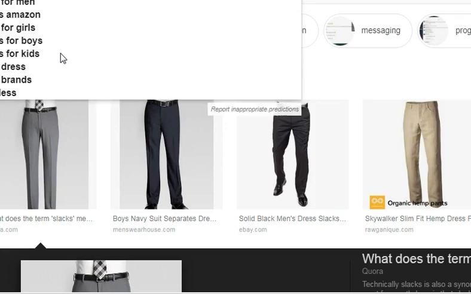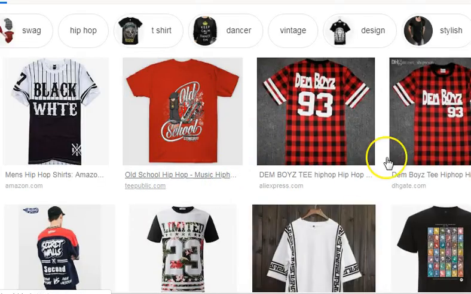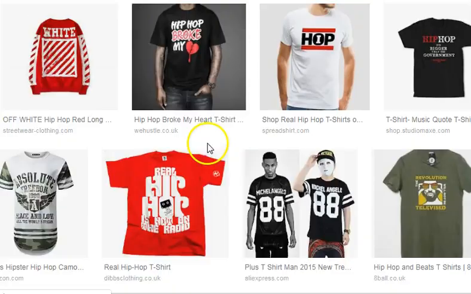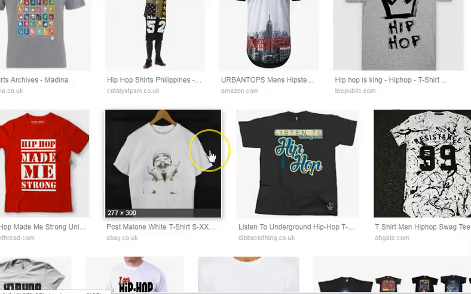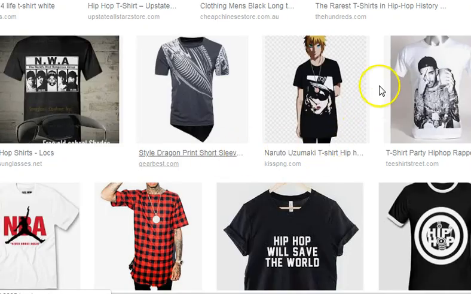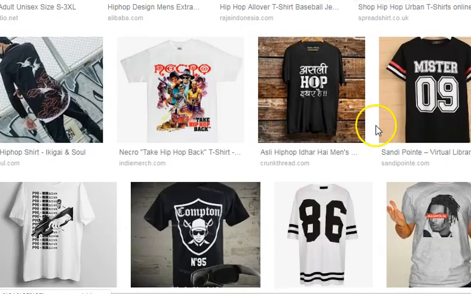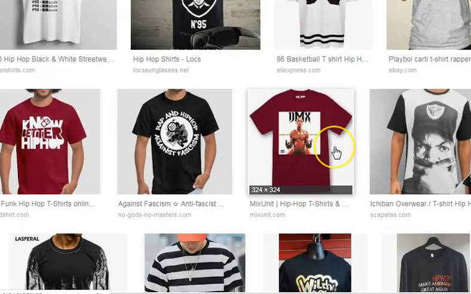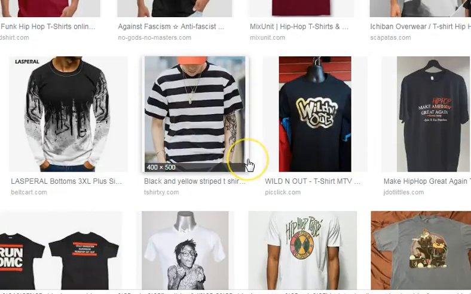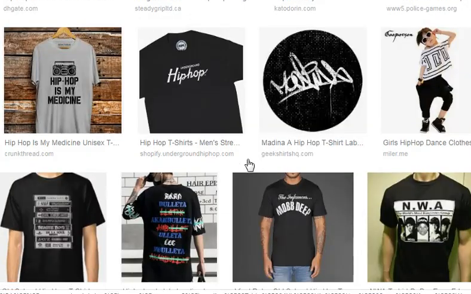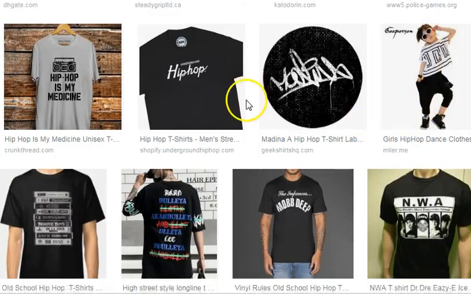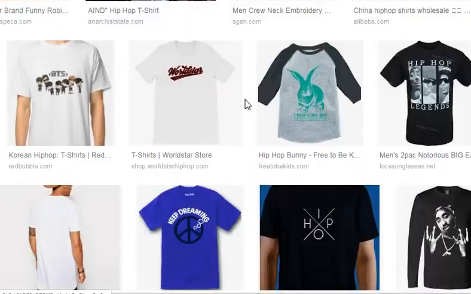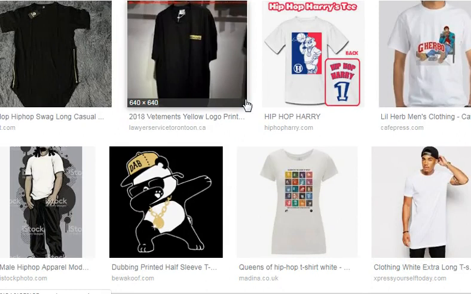Okay, wait. I wanna see. Yeah, you tried to combine a big shirt, like hip hop shirts? Yeah. If you wanted to combine a hip hop shirt with slacks, do you think it fits well? No, right? Not really.